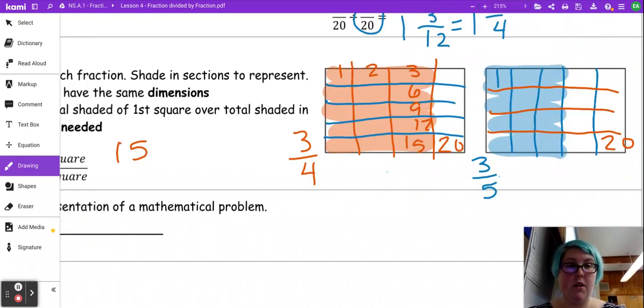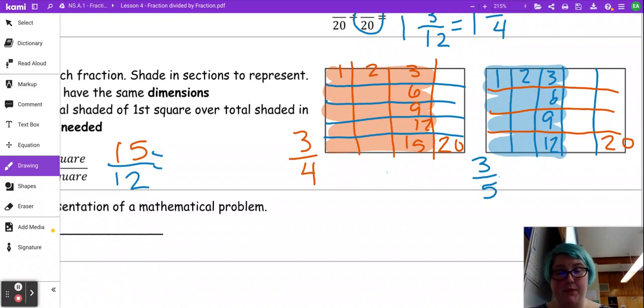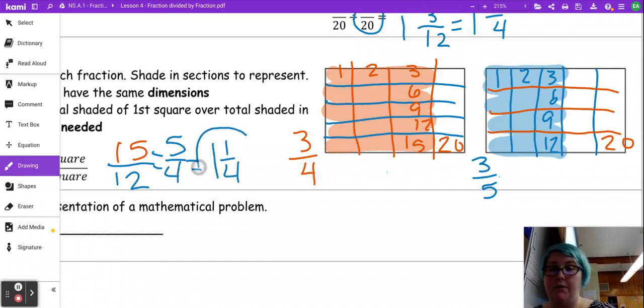We have 1, 2, 3, 6, 9, 12. We have 12 in the second. So all we've done is count the number of squares that are shaded for each of our diagrams. Simplify this, because 3 is a factor of both. We get 5 over 4, or 1 and 1/4.